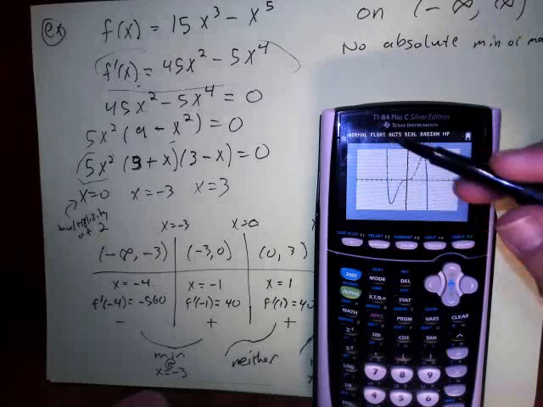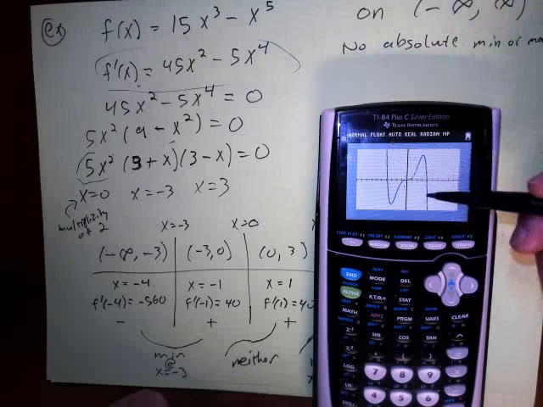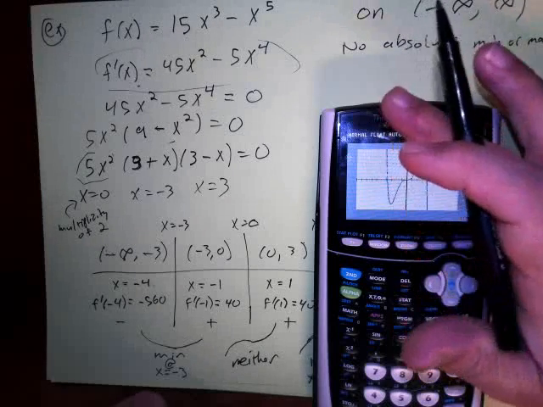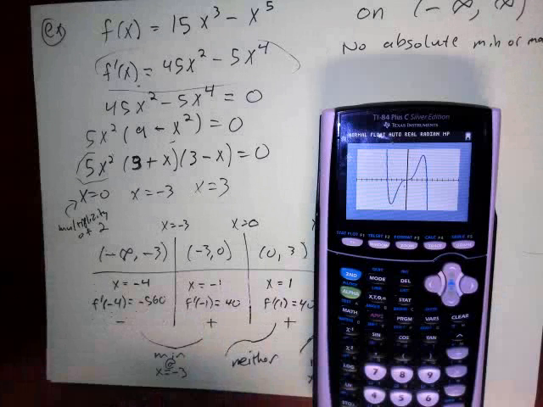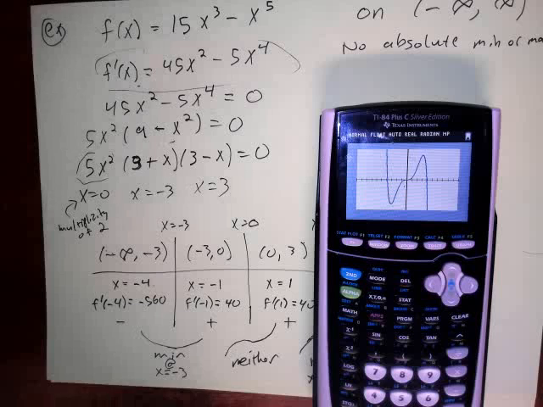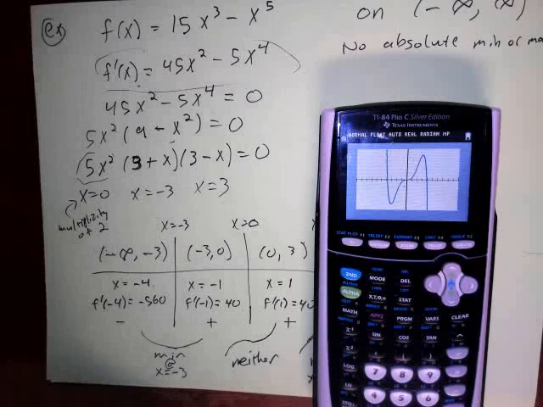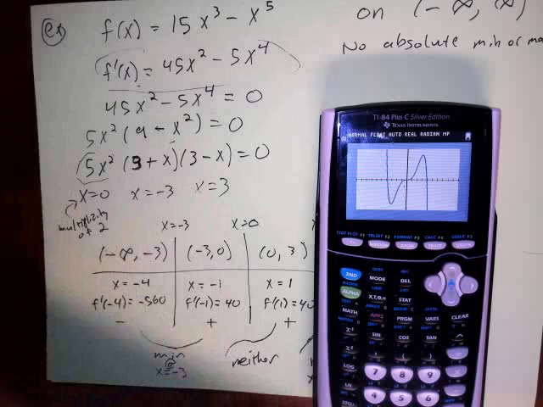And then you can see that it doesn't have an absolute min or max over the entire domain because it's going off to infinity in either direction. So that is the first derivative test for polynomials. And in the next video we'll look at using the first derivative test for roots and fractional exponents.